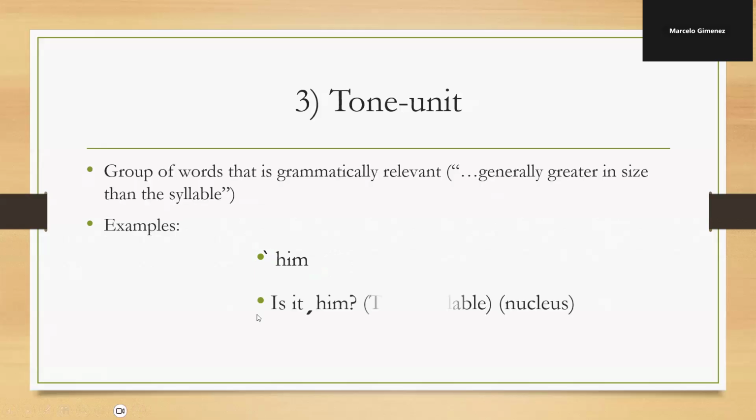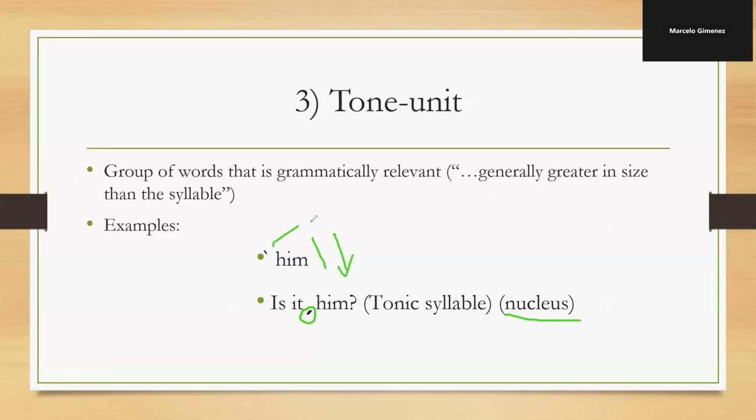Let's go on. Now we have a larger tone unit. Here you can see the names: nucleus for him. As you can see, I've changed the pitch movement or the tone to rising.